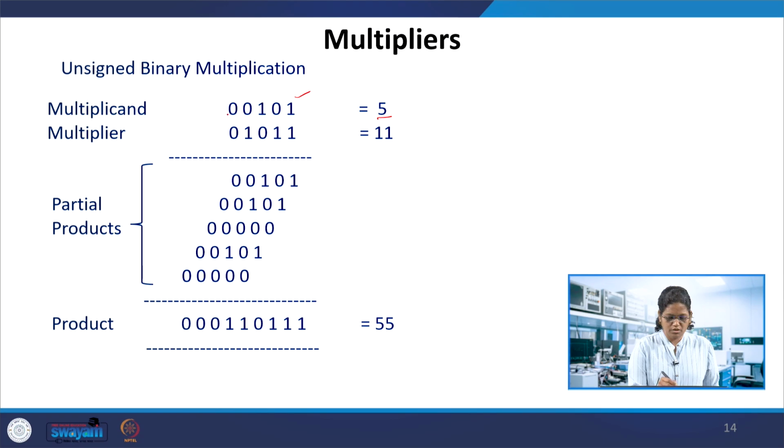So what we do is take the multiplicand and first multiply it with the multiplier bit 1, so you get 10100. Then the next bit of the multiplier is also 1, so repeat the same multiplicand here with 1 shift. The next one is 0, so the multiplication result is 000, and the next bit is 1, so the multiplicand is repeated here with 1 shift left, and the next is 0.